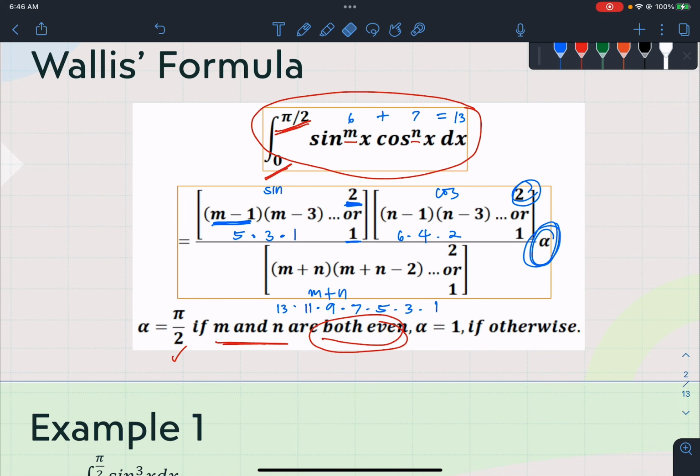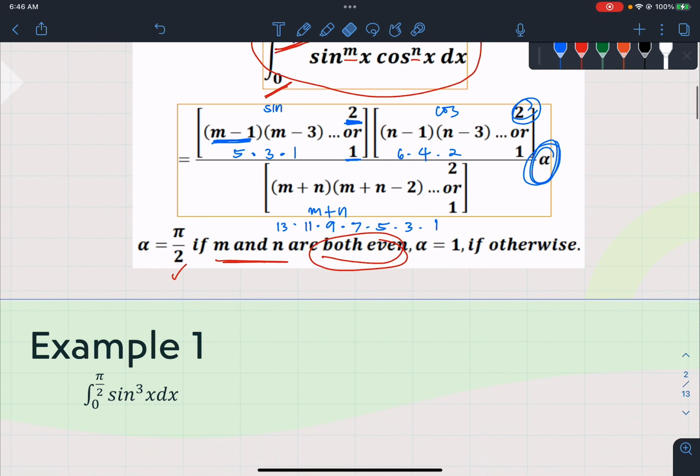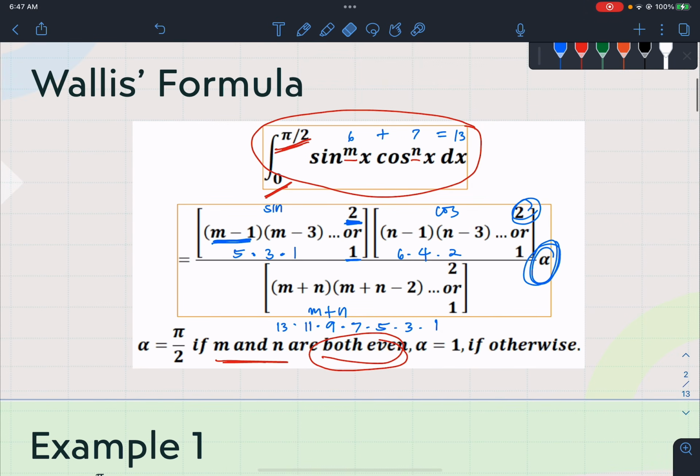So let's say we have m and n. Let's say m is even, n is even, so we multiply pi all over 2. That's the only thing that I need to remember.